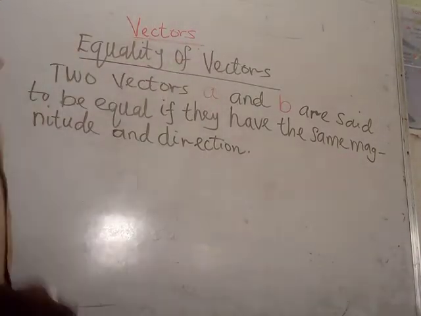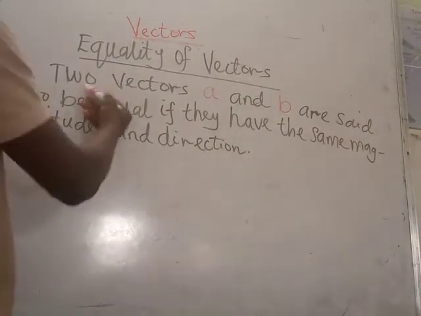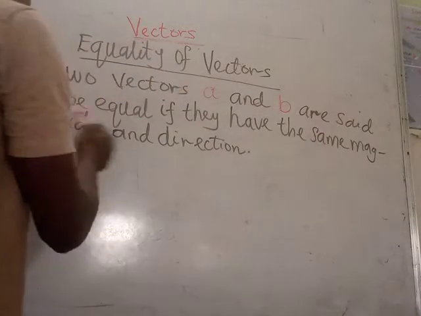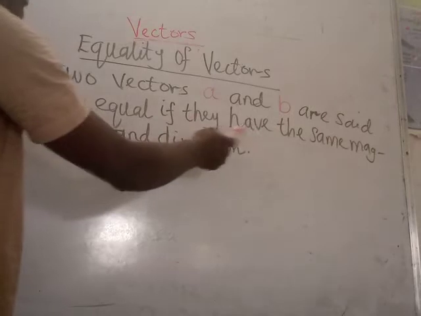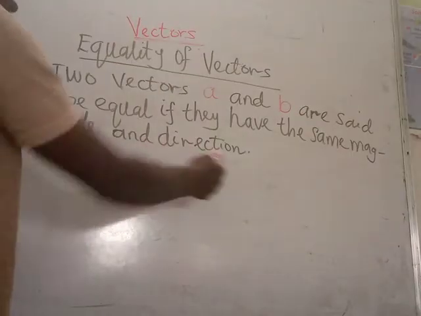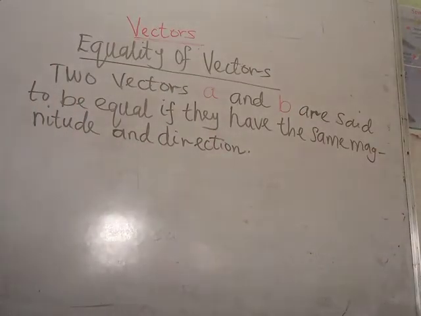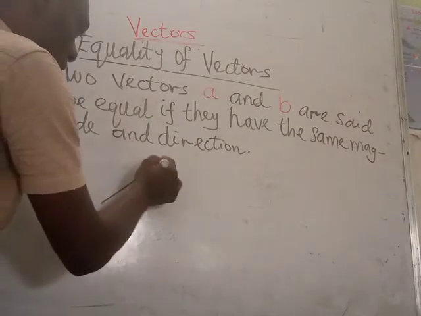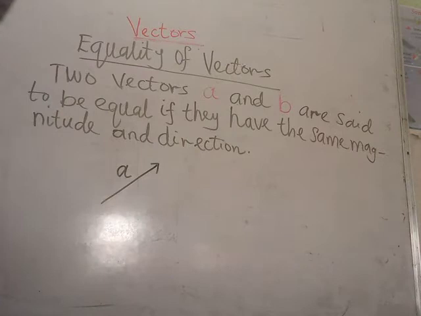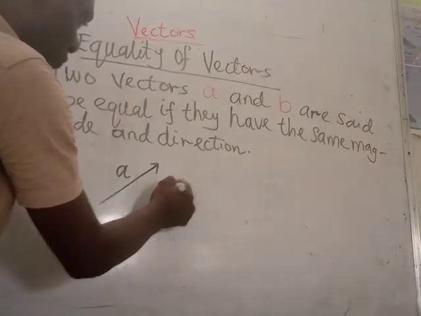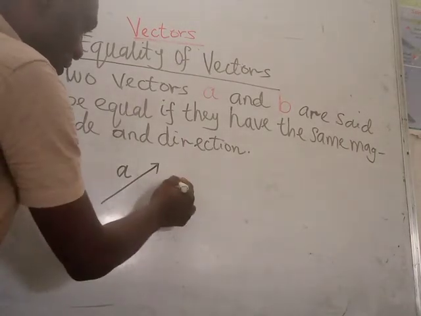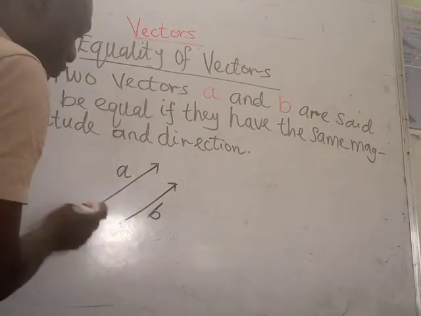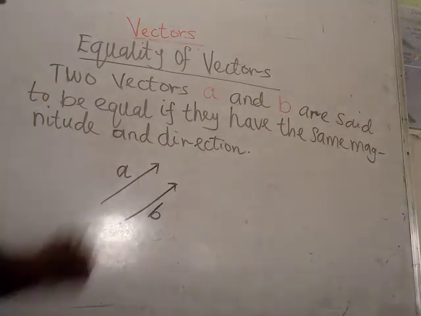Equality of vectors, or equal vectors. Two vectors A and B are said to be equal if they have the same magnitude and are also in the same direction. Okay, let's look at this. I have a vector A in this direction, then I have another vector B in the same direction. They are equal in magnitude, and you can see that they are parallel to each other.